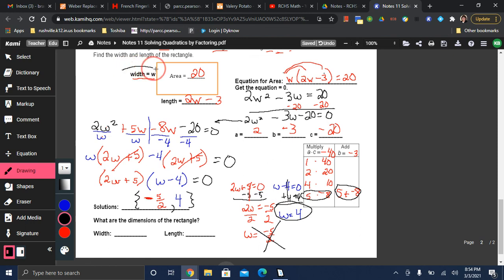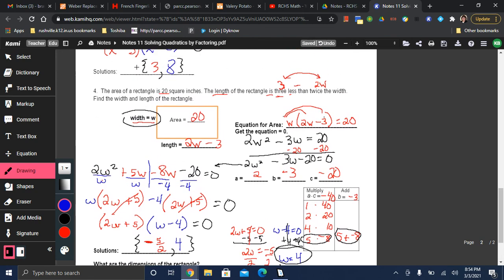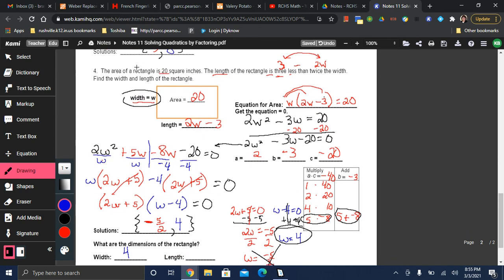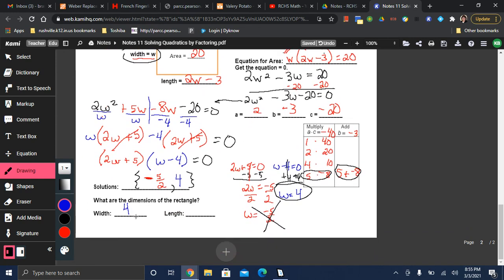Well, my w was the width. So when it asks about the width, that would be 4. And then I want to use the units. And since we were talking about inches, this would be 4 inches. Now, as far as the length, it said it was this expression. So taking my 2 times my w and then subtracting 3.